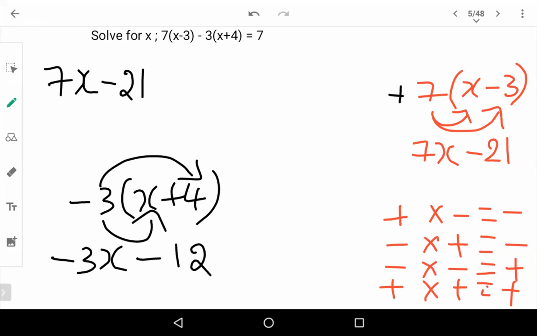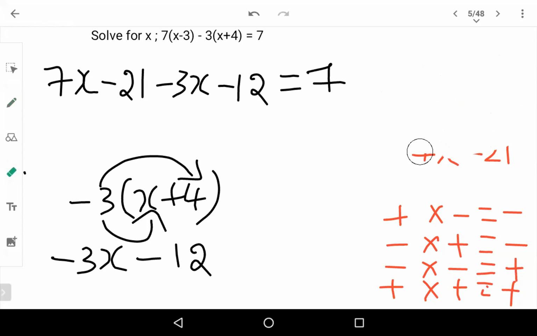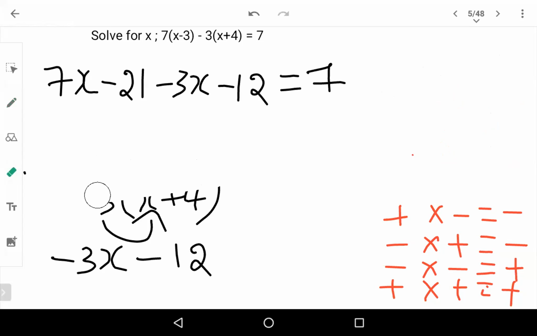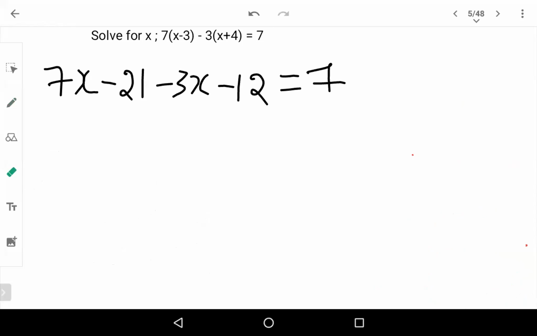So my second expression is going to become minus 3x minus 12 is equal to 7. Understood the second step? Any doubts here? Okay. Now let us continue.